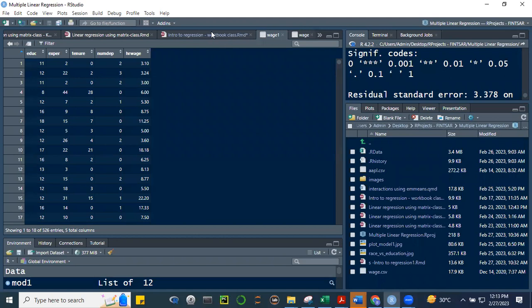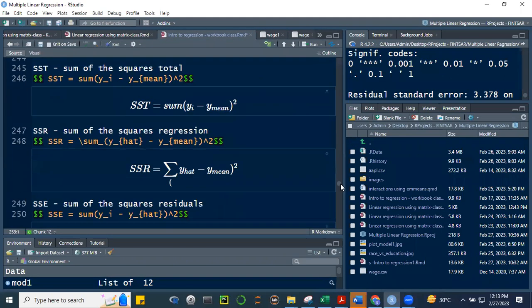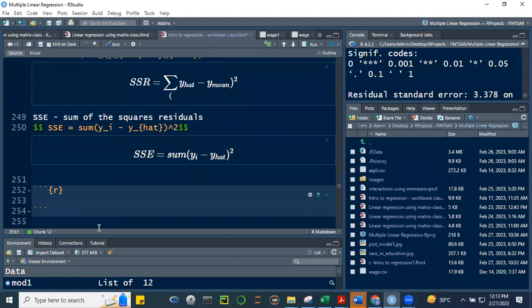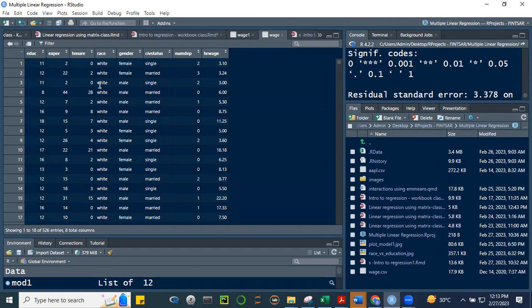So to make it faster, let's create this object. Create na lang yung y sub i, y i na lang, and it's equal to wage. Tapos i-subset natin yung pang-walo. All right, so it's coming from the wage data set, and then it's the 8th column: 1, 2, 3, 4, 5, 6, 7, 8.